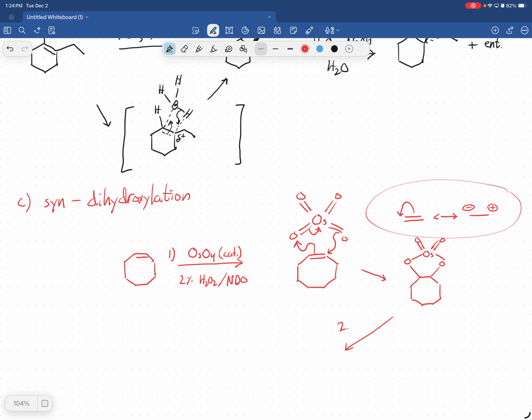So what happens here? So I think the reagent, you need a reducing agent. You need to free up the oxygen. So you need to reduce those bonds somehow to free up the O bond. So I don't know, which reducing agent did we go over? Let's see. Was it DMS?